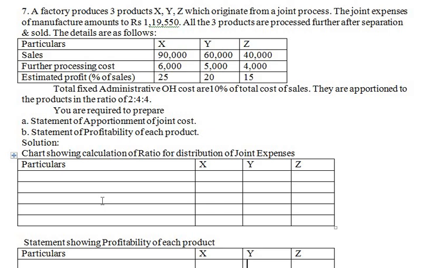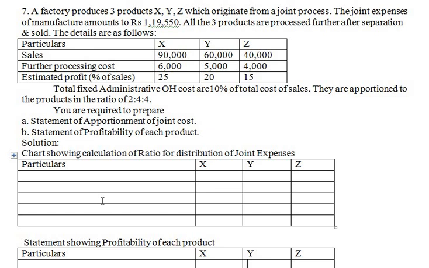Total fixed administrative overhead costs are 10% of total cost of sales. They are apportioned to the products in the ratio of 2:4:4. You are required to prepare a statement of apportionment of joint cost and a statement of profitability of each product.